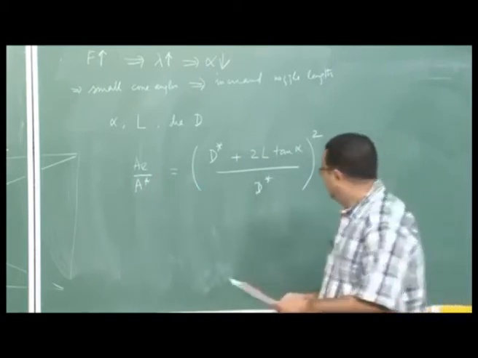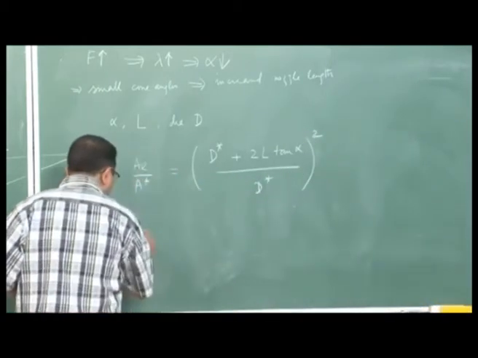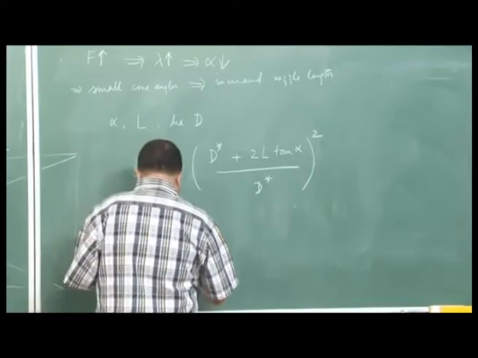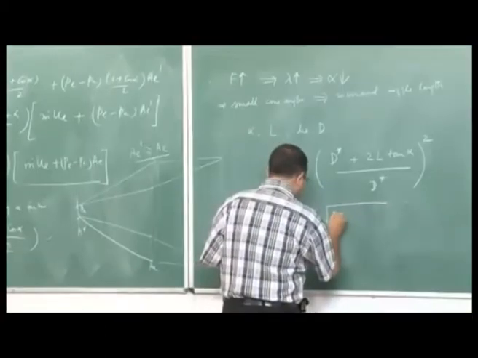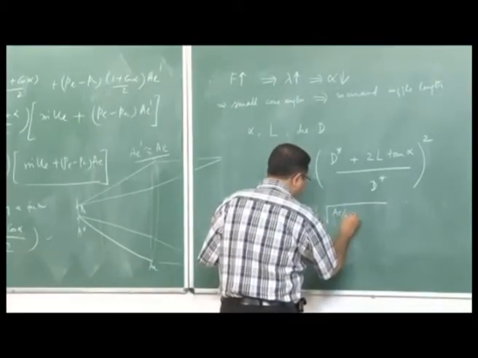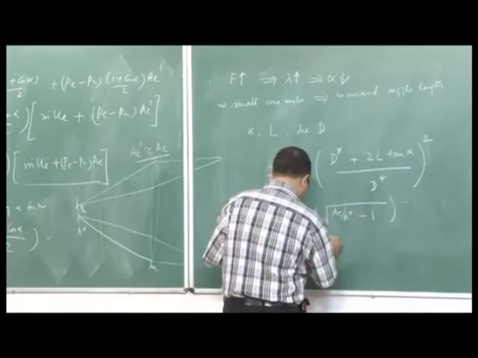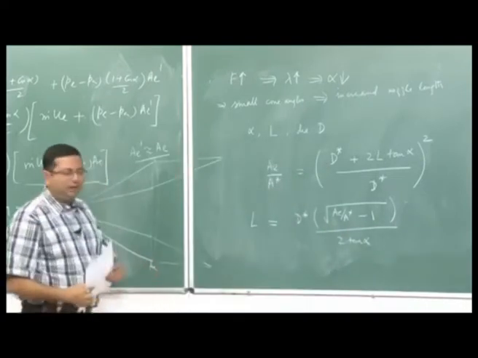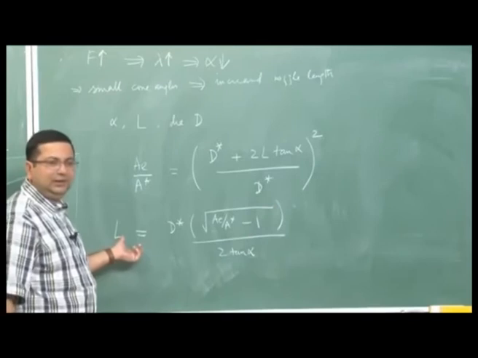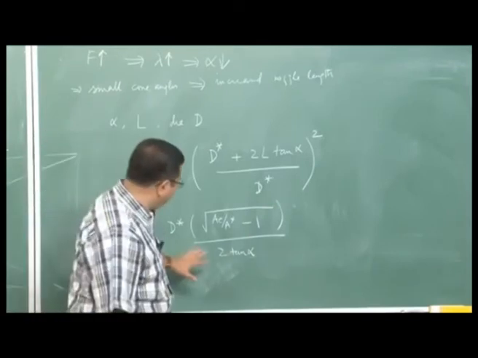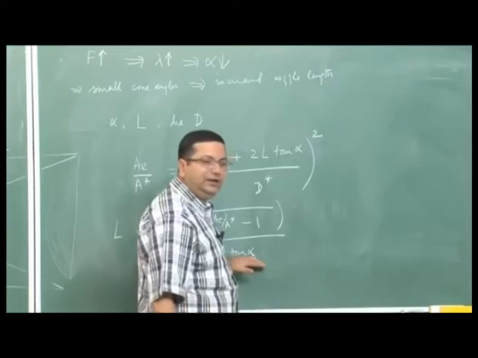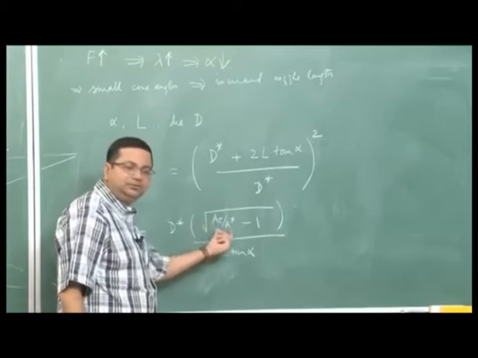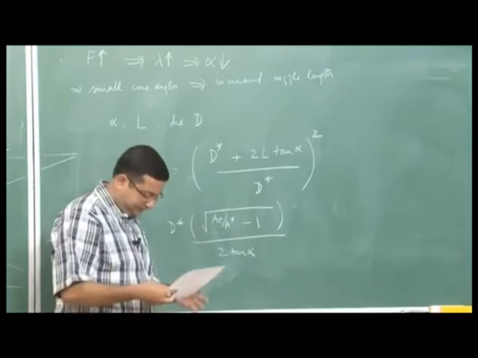So I can get an expression for L also, by manipulating this equation. This is the expression for L. Once again we are seeing that as alpha decreases, L has to be increased in order to maintain these two constants, D star and A_E by A star.